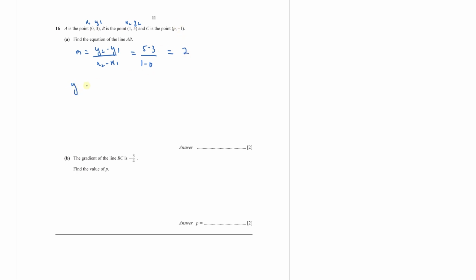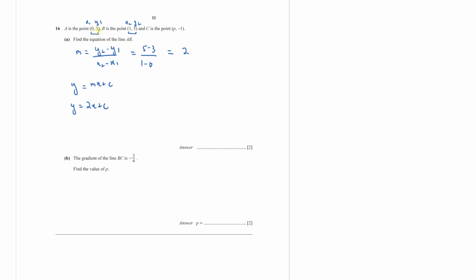So your equation for AB is y equals mx plus c, your standard equation. And then I can replace m with 2, 2x plus c. And then to find this constant c, we can substitute either of the xy values in the equation, since both points lie on the line. I'll use this.